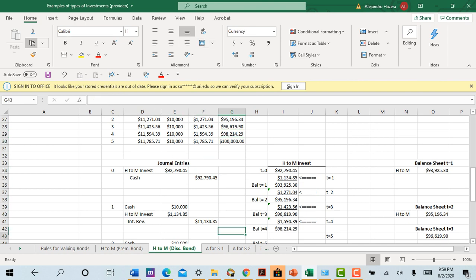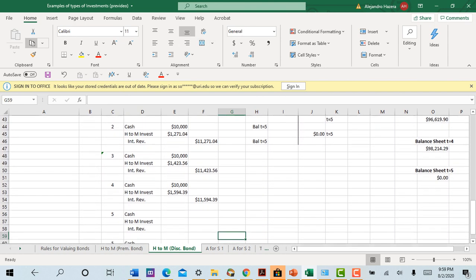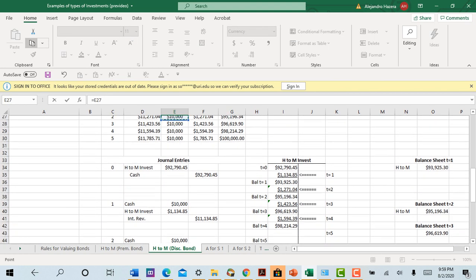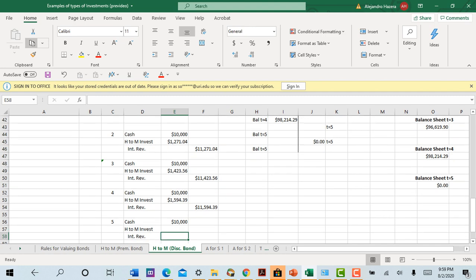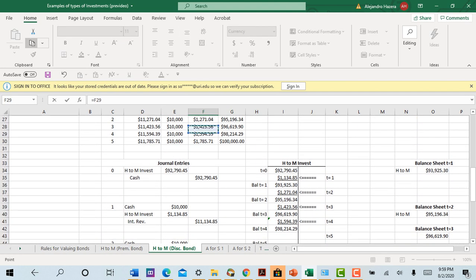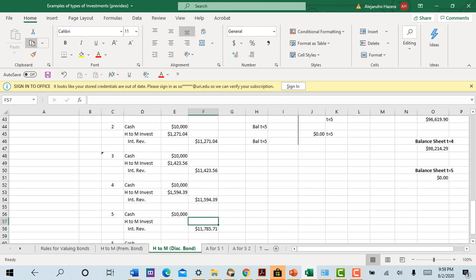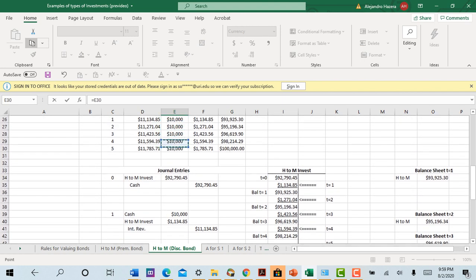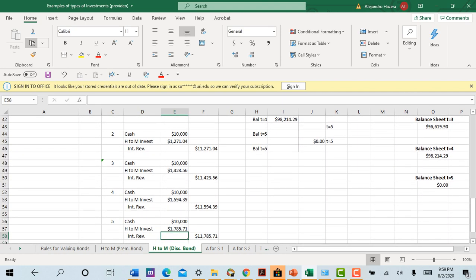And then finally, the final entry almost: the cash that you get in year 5 is 10,000. Your interest revenue is 11,785, and the debit to your held to maturity account is going to be 1785.51.